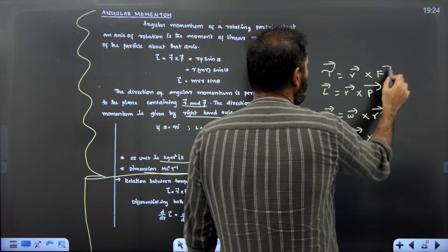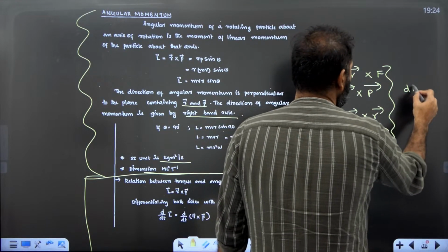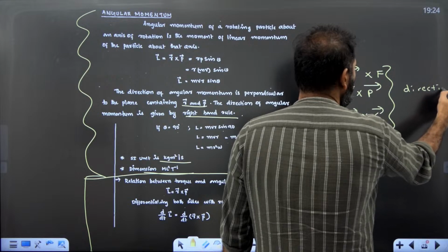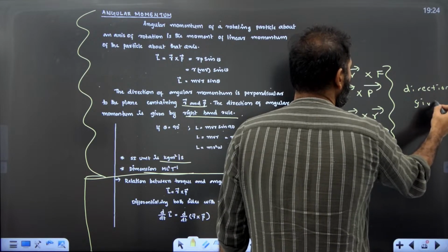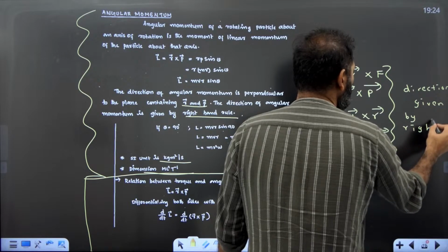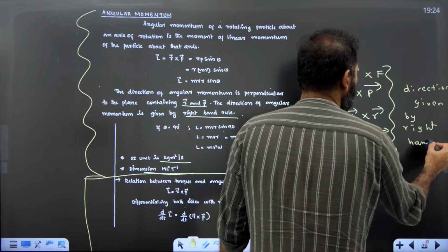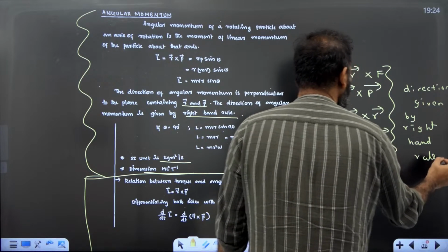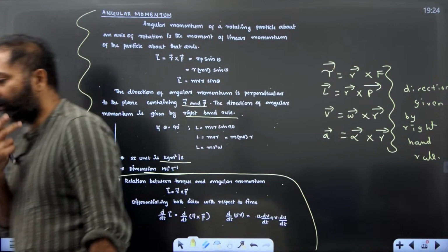All of these directions are given by which rule? Right hand rule.